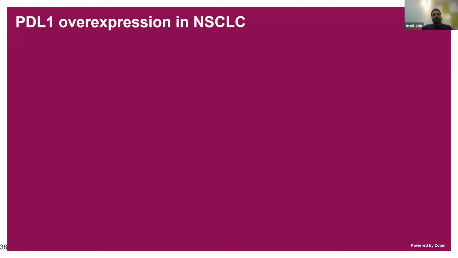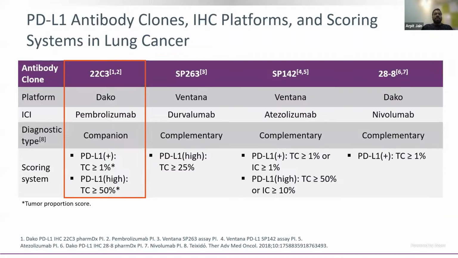Then comes the most commonly used biomarker for assessing the efficacy of immunotherapy in such patients. We have two different platforms for assessing PDL1 testing using IHC, and we have 4 different antibody clones, which are companion or complementary to the respective immune checkpoint inhibitor.